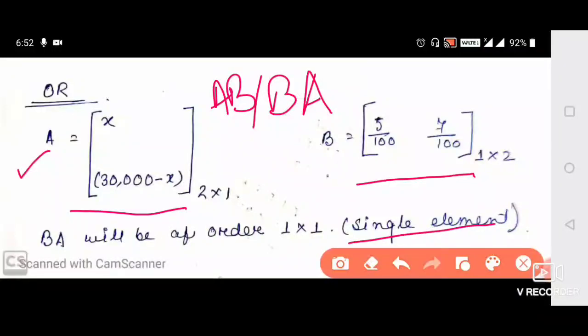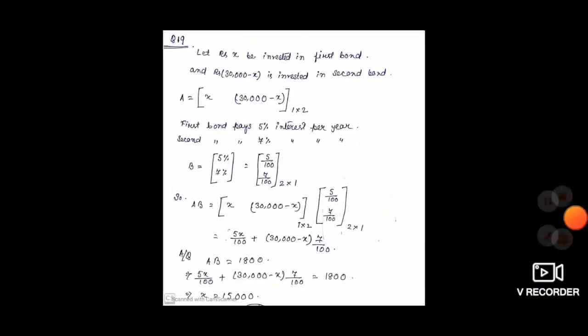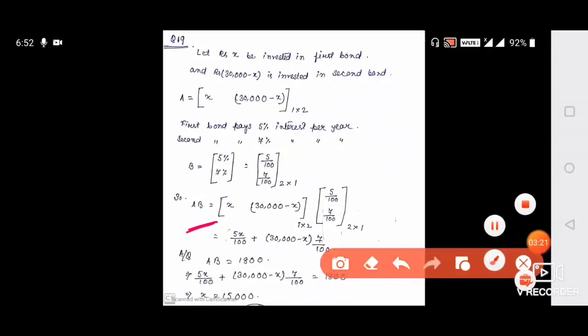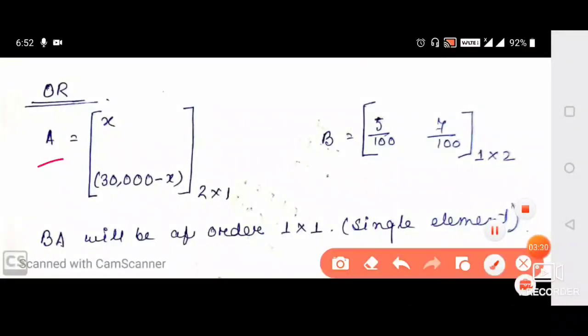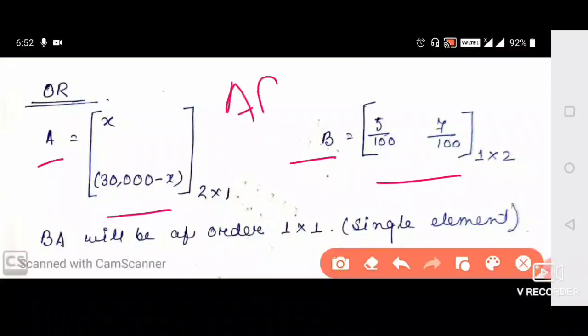I told you earlier we have to find that matrix from where we will get a single element. Now see, whenever we represent matrix A and matrix B in this way, if we find AB as earlier, then AB will be of order 2 by 2, and from AB we cannot get a single element.